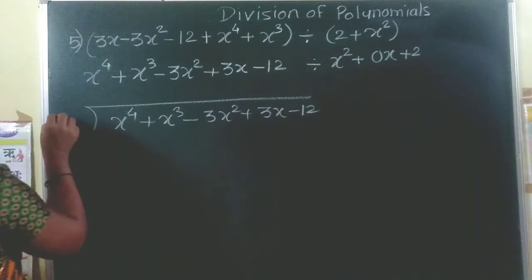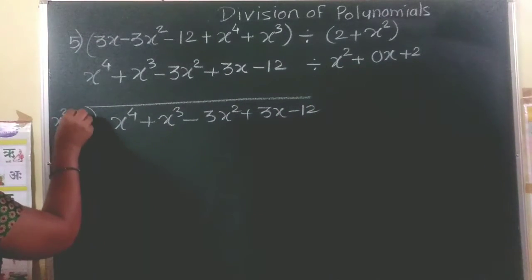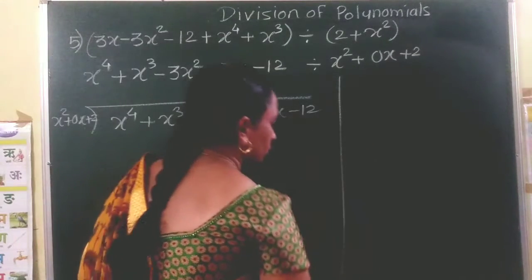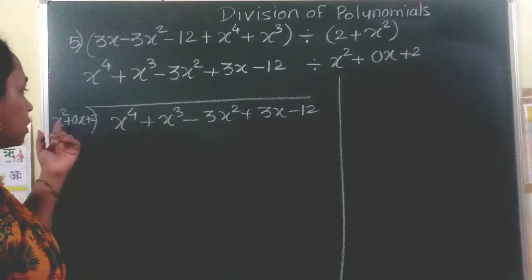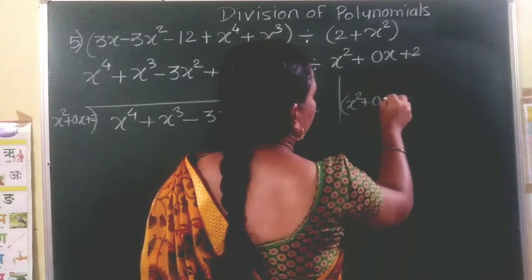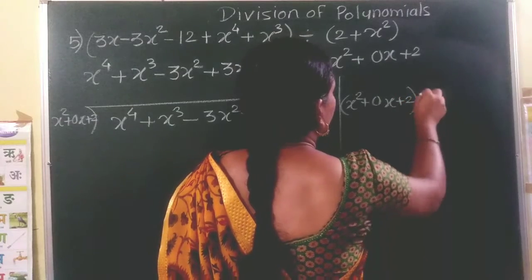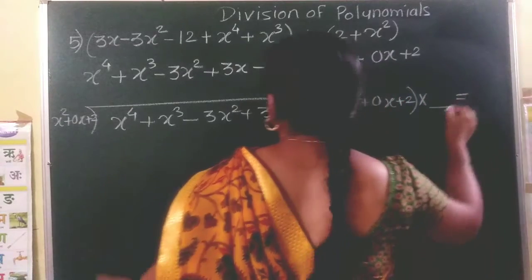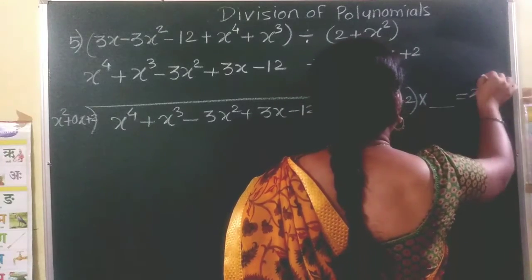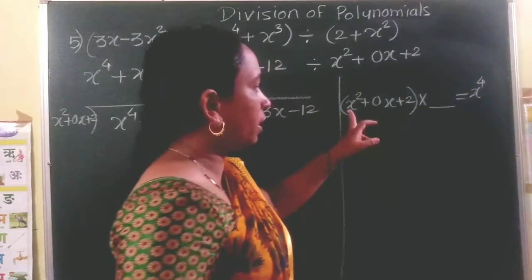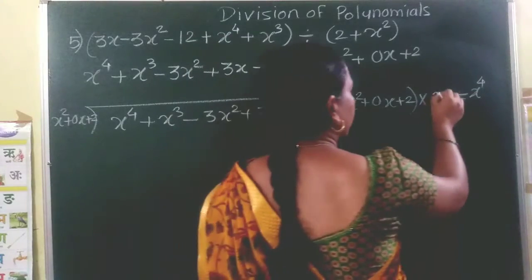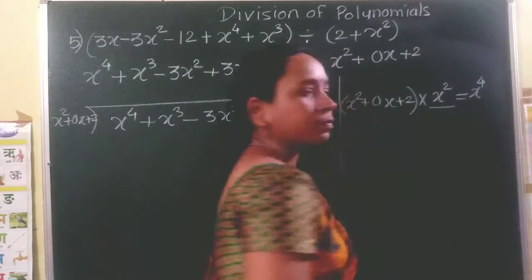Take this divisor here, x square plus 0x plus 2. Now to get the first term, take the divisor x square plus 0x plus 2, multiplied by the term to get the answer x raised to 4. Now here x square and here x raised to 4, so I should multiply by x square.